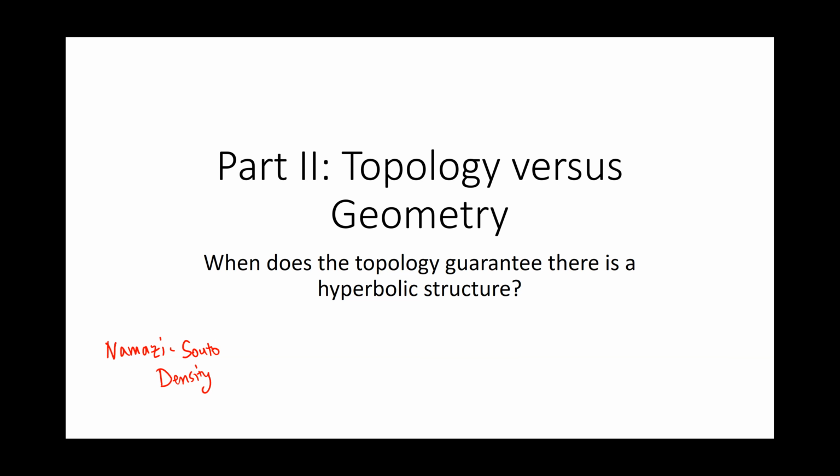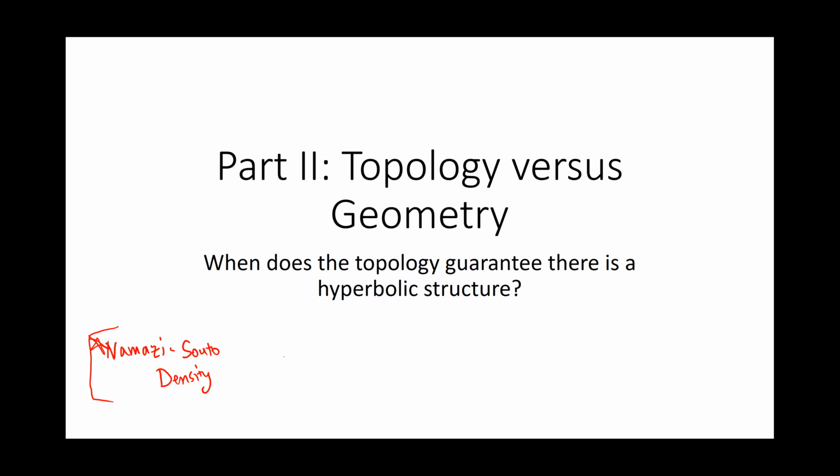So Namazi and Souto, when they wrote their density theorem paper, this is kind of the culmination. Tameness was known at that point, and the ending lamination theorem was known. They set up these paired manifolds carefully, and they go through some of these results carefully with a lot of good references. So I think this is currently my favorite reference to this sort of literature.